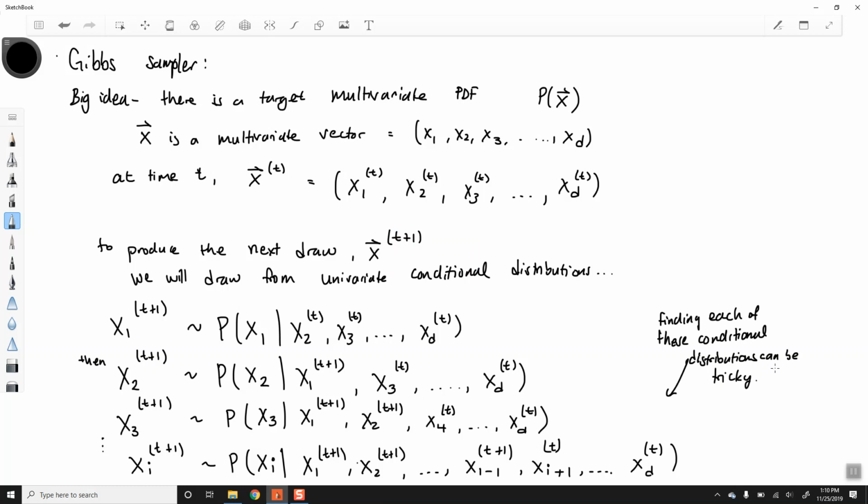However, this setup works very well in what we call a hierarchical model. So I'm going to introduce the hierarchical model. I'm going to flip to the next slide.